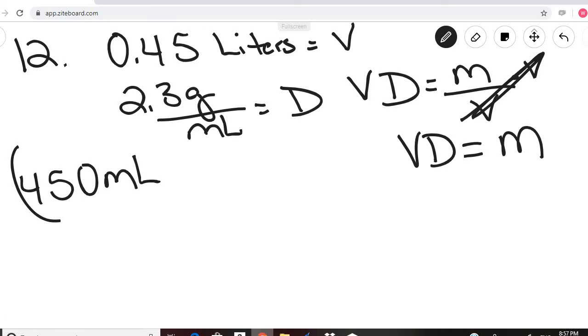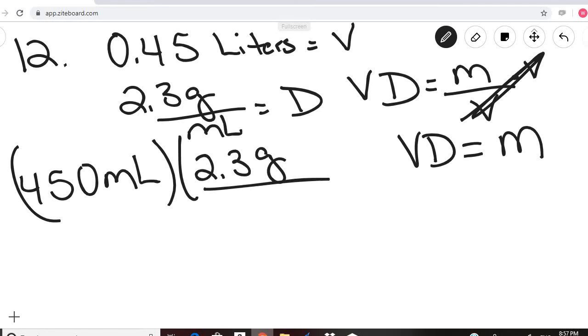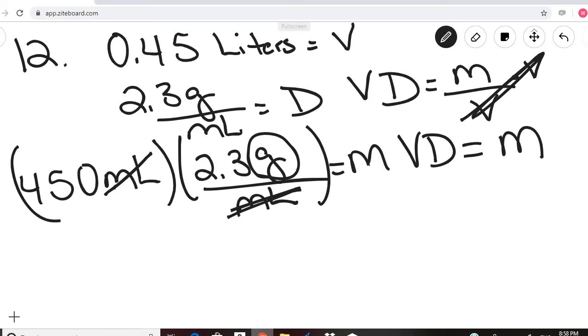And we will multiply that times the density, which was 2.3 grams per milliliter. That will equal the mass. Okay, so we have a milliliter on top and a milliliter on bottom. Those are going to cancel.